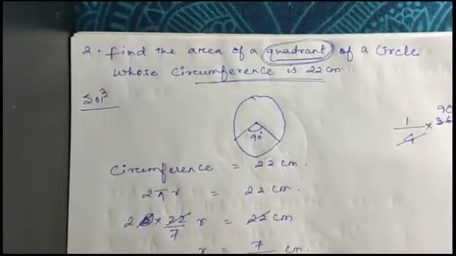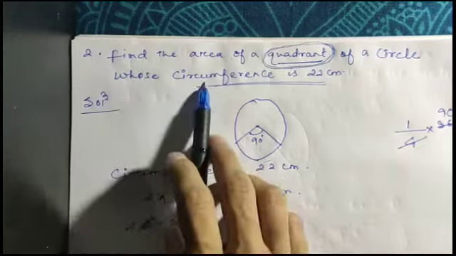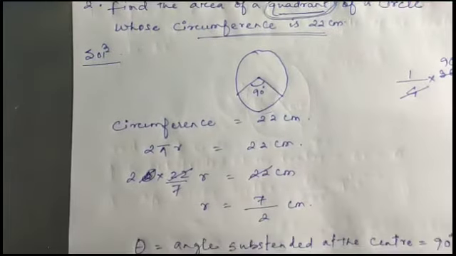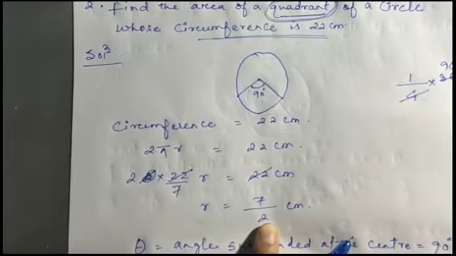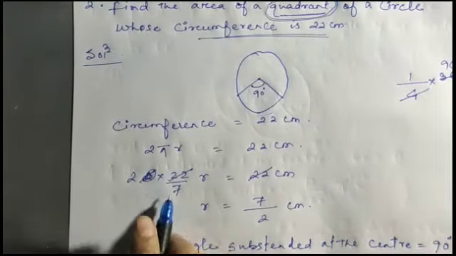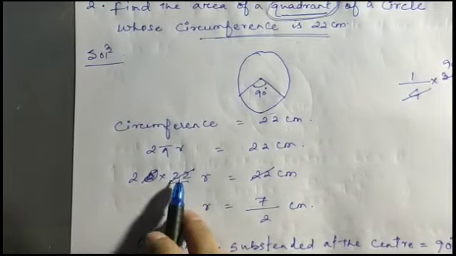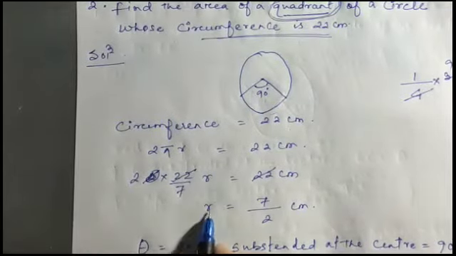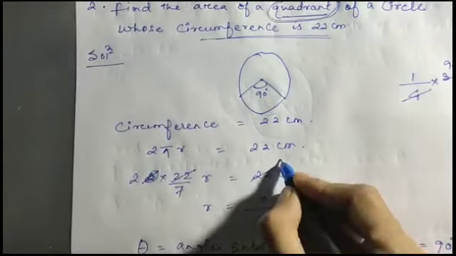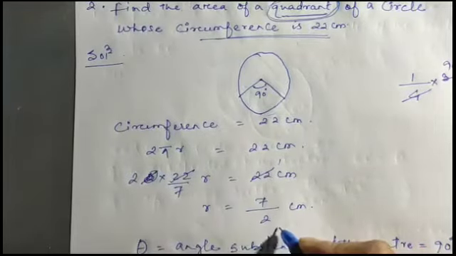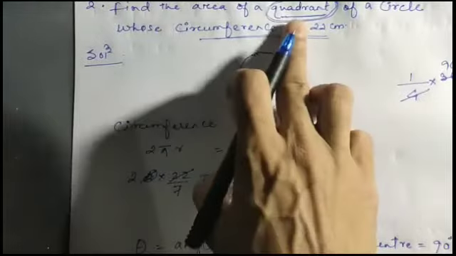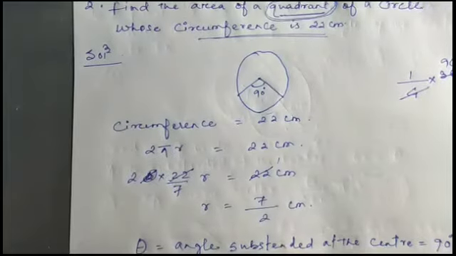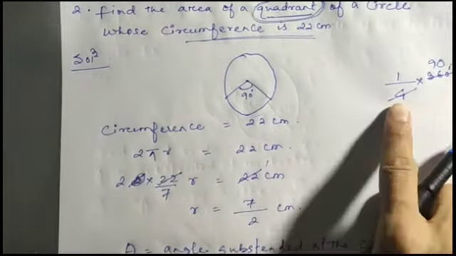In the question they have not given us the radius, they have given us the circumference. From the circumference we used the formula 2 pi r and calculated the radius. 2 pi is 22 by 7, r, 22 cancel, r equal to 7, these two will come down, 7 by 2 centimeter. And the theta, since they have given quadrant, quadrant means 1/4 of the circle.